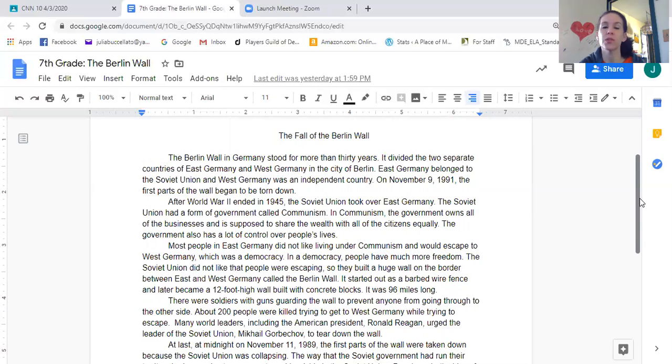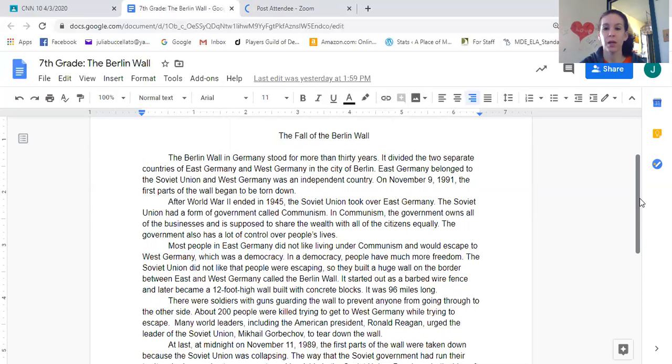It divided the 2 separate countries of East Germany and West Germany in the city of Berlin. Berlin was the capital of Germany, and the wall divided it right down the middle, is what I found out in my sources. I'm putting this into my own words. I am not copying anybody's words. These are mine. East Germany belonged to the Soviet Union, and West Germany was an independent country.